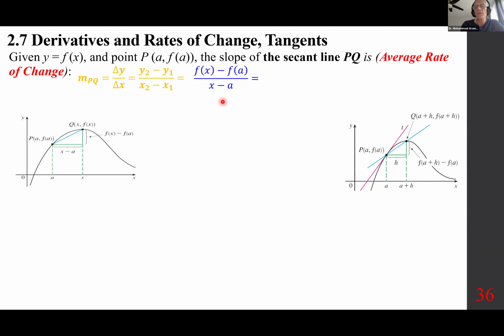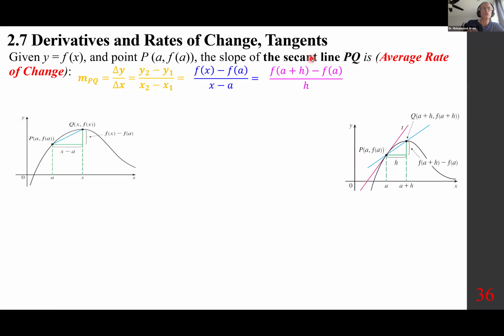Now, if we have a, f of a, and we go a distance of h, this becomes a plus h. So the rise would be f of a plus h minus f of a, and the run would be a plus h minus a, which is h, so it becomes f of a plus h minus f of a over h.